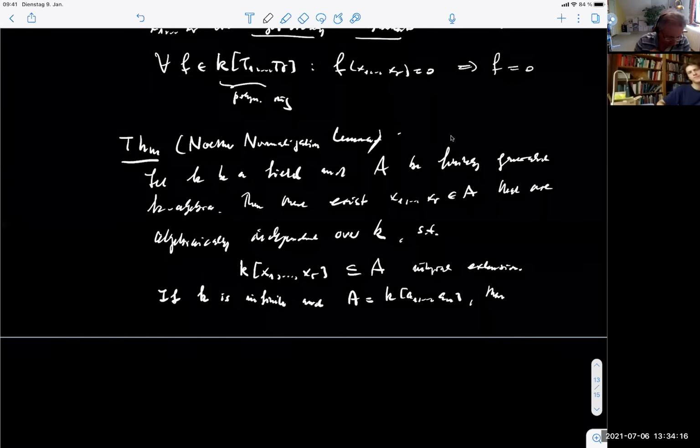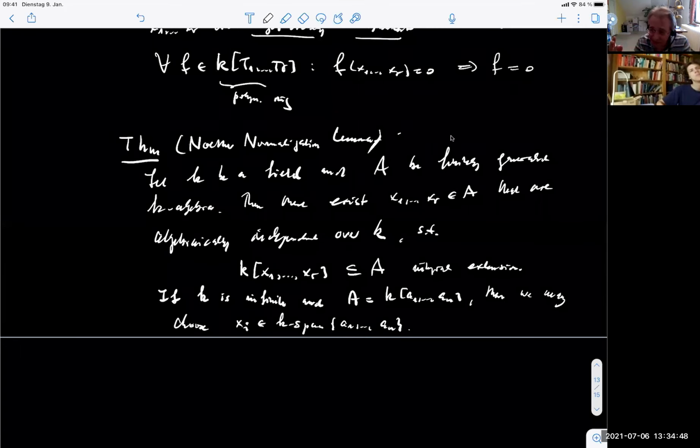Then we may choose the xi so that they are in the K-span of these elements A1 up to AN. Actually, we can do even more.